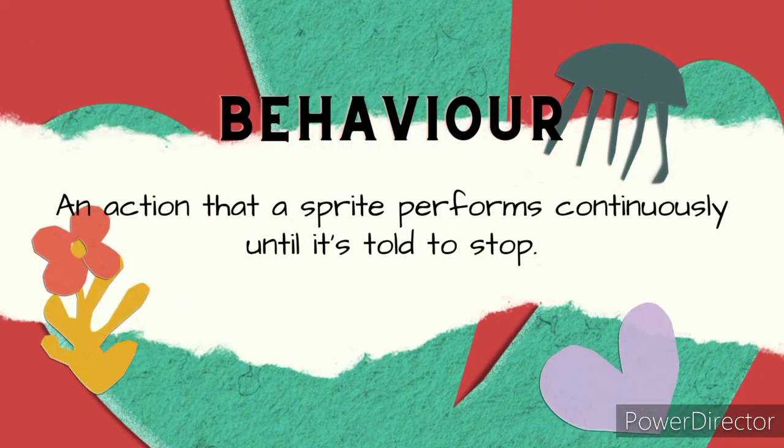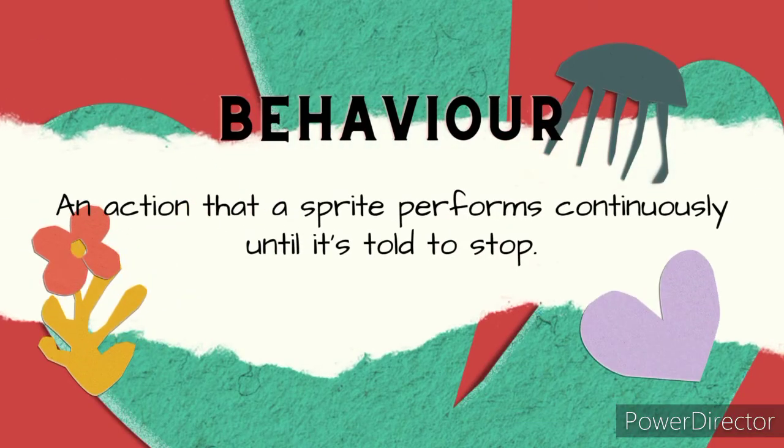Now we also have something called a behavior. Now Scratch uses a behavior. A behavior is an action that a sprite performs continuously until you tell it to stop. Any action that a sprite performs is a behavior.